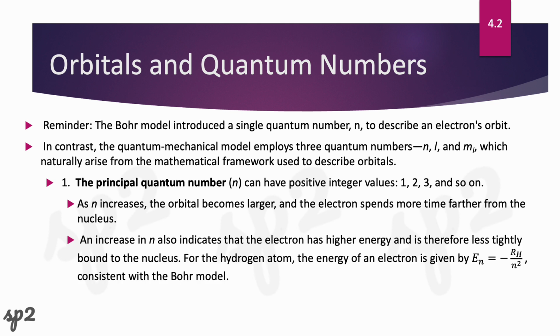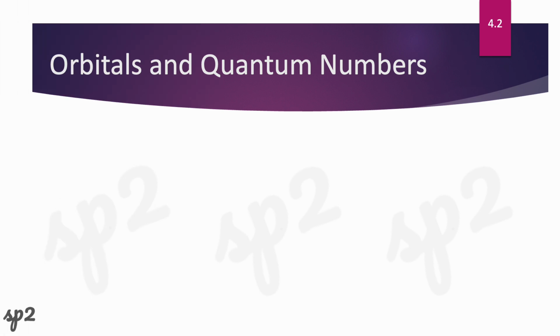An increase in n also indicates that the electron has higher energy and is therefore less tightly bound to the nucleus. And if you look at what we got by the Bohr model for the hydrogen electron, we actually have a consistent answer from the quantum model.